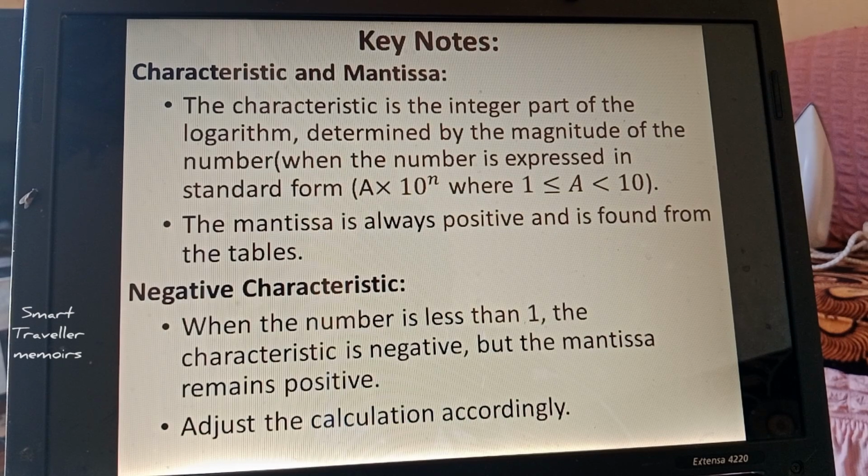It can be 1, but it cannot be 10. The mantissa is always positive and is found from the tables. Negative characteristics: when the number is less than 1, the characteristic is negative, but the mantissa remains positive. Adjust the calculation accordingly.